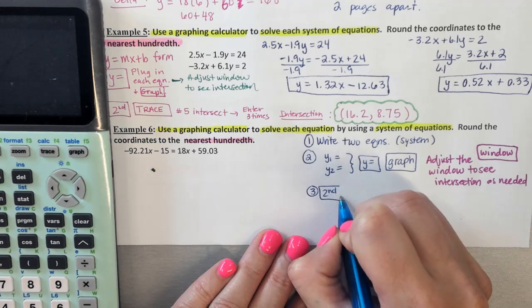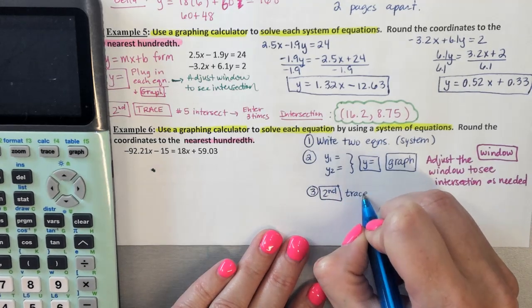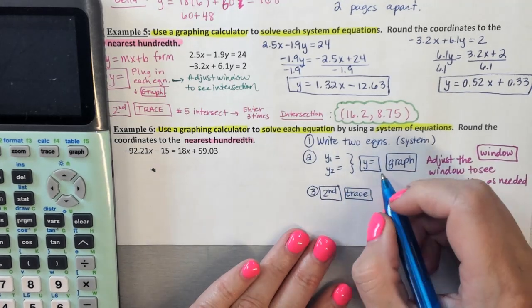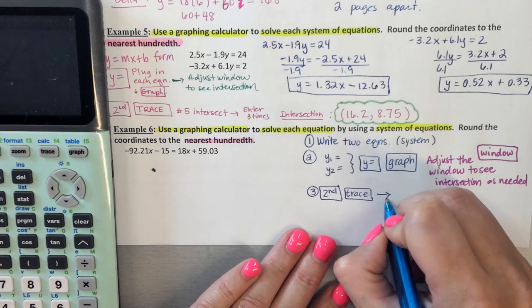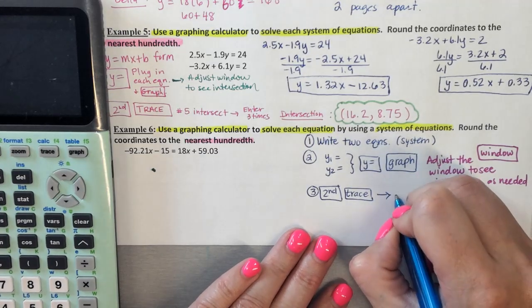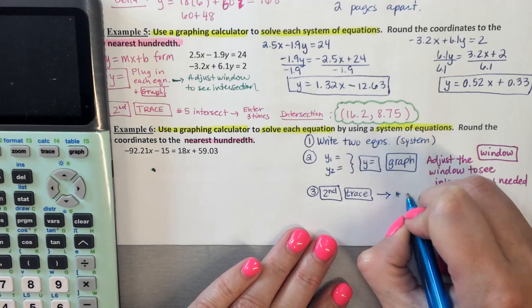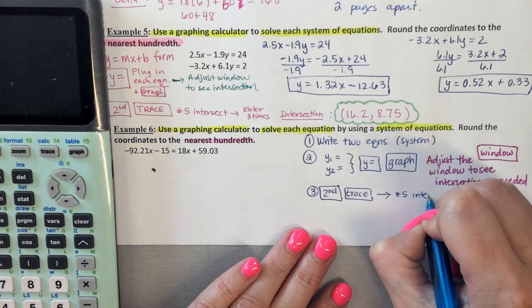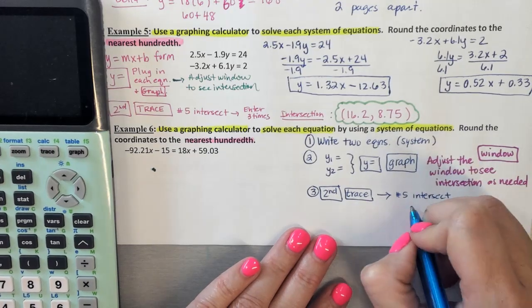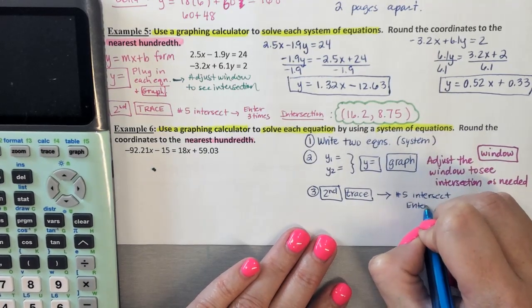Once you do that, the directions are very similar to what we did above. You're going to go to second, you're going to go to trace, you're going to smash that intersect button. Just kidding, don't smash it. Number 5 is intersect. And then how many times do we press enter? 3.